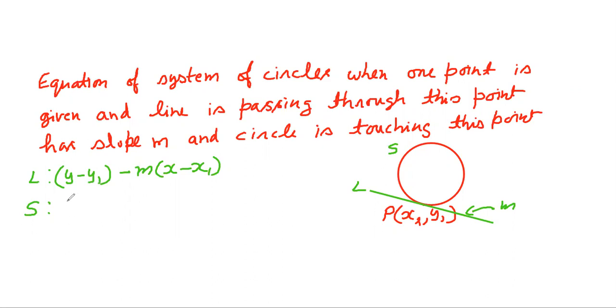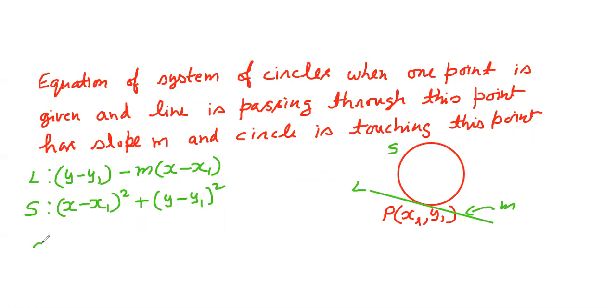The point is the same point, so we write the equation of the circle whose radius is 0, because both the diameter points are the same: (x minus x1) squared plus (y minus y1) squared equals 0.